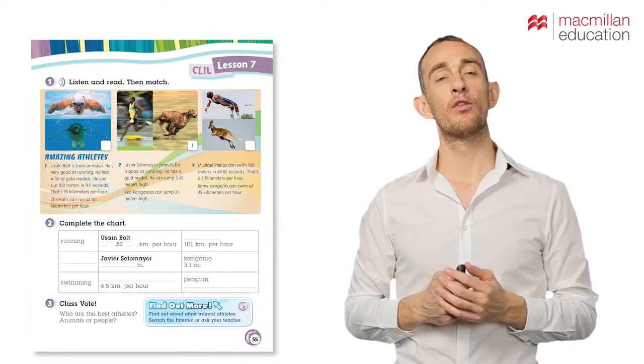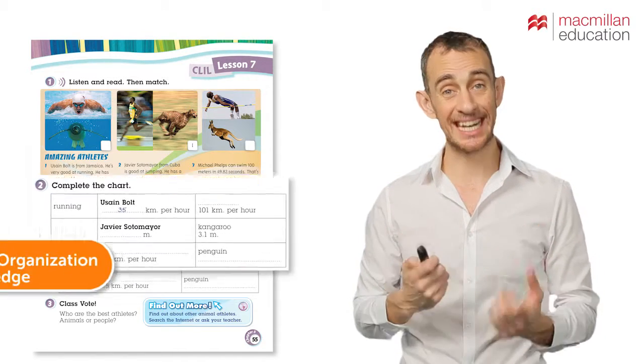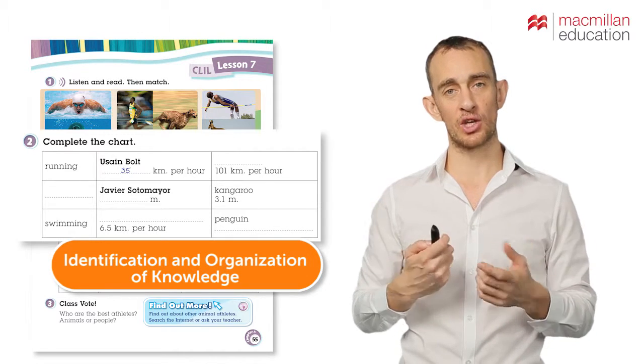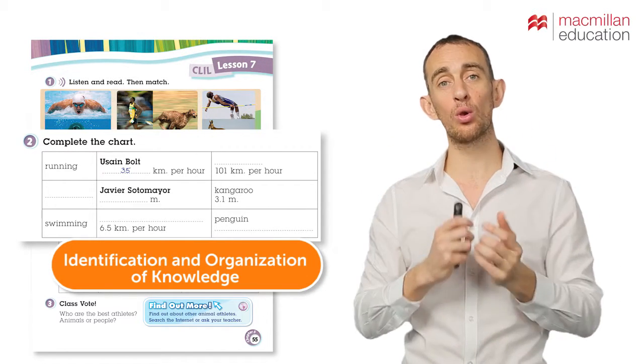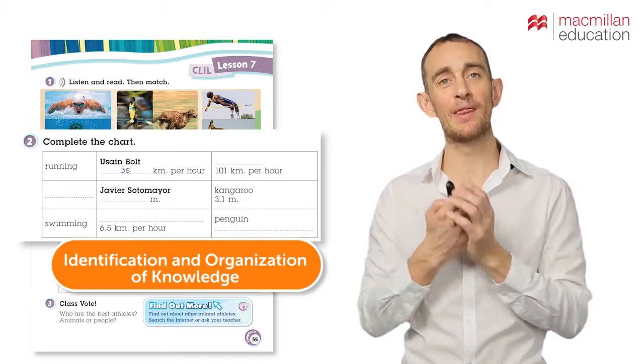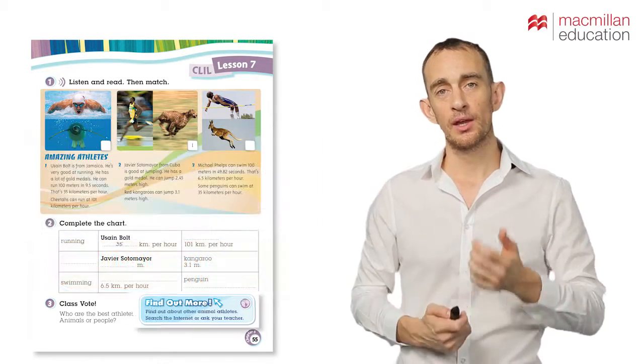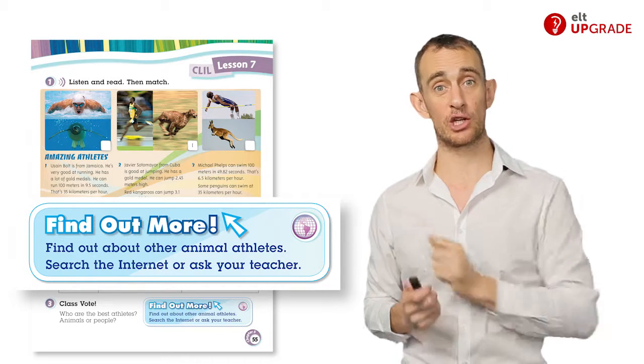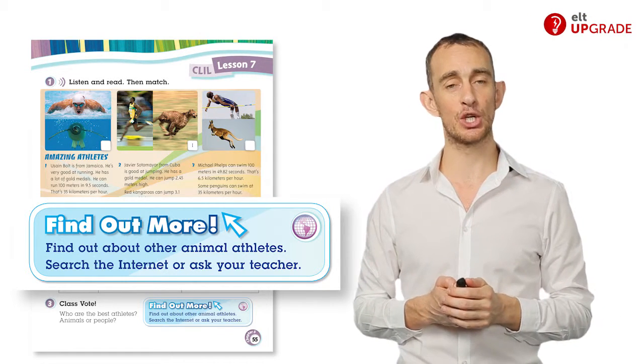The third part of the process is the identification and organization of knowledge. And this one can involve all of those 4 C's in that framework. So we're going to have a look at this Find Out More section on this CLIL page.